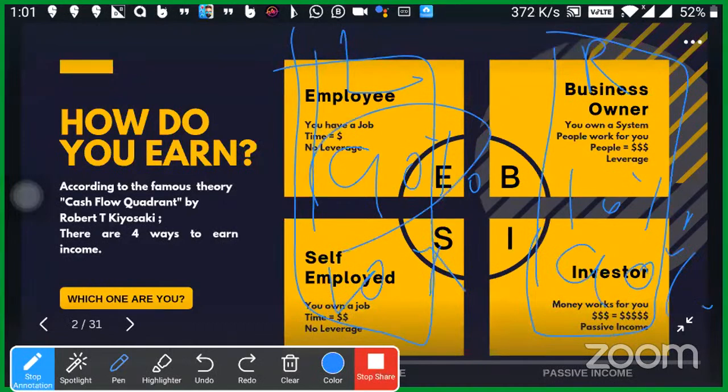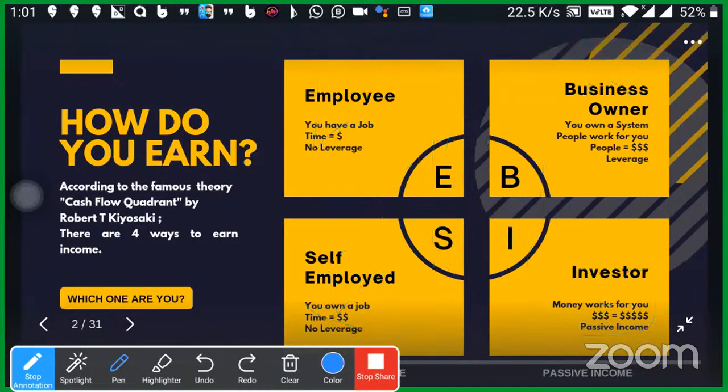So if I explain this theory to a 12 or 14 year old child, and I ask him what is required to become rich, what is the one factor that you must do if you want to become the richest person in the world, he will reply, the first thing you need to do is to move from the left side quadrant to the right side quadrant.